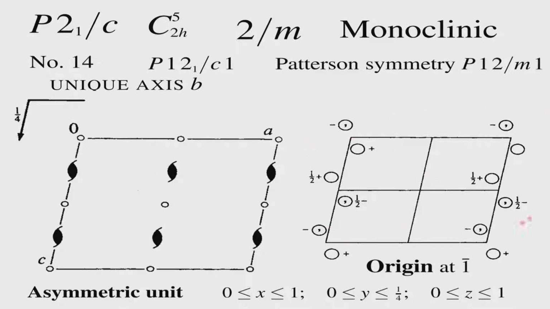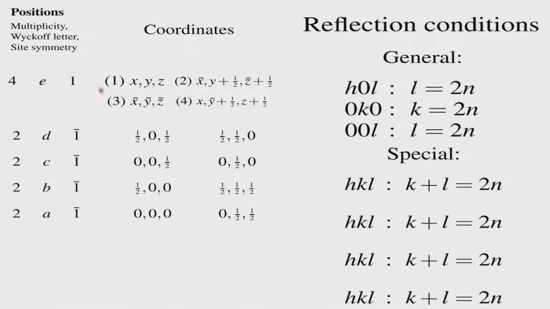Then there is the equivalent point diagram, showing where the equivalent points are. Z is equal to 4, so the general positions are 4. The 4 general equivalent positions are listed here, and then there are some special positions in this space group, associated with 1 bar symmetry.